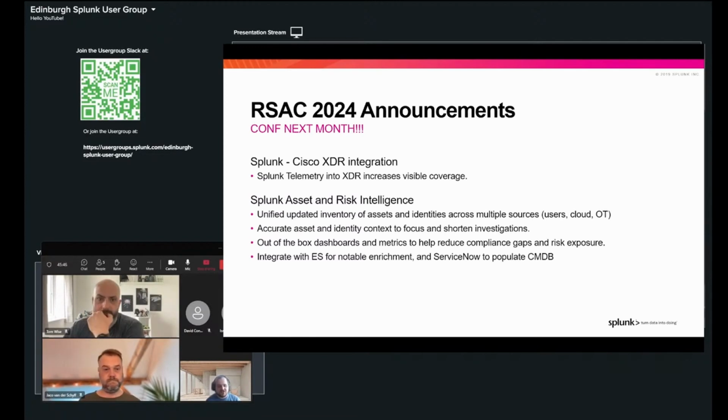So telemetry into XDR increases the coverage of your attack surface effectively. And Splunk's announced a new asset and risk intelligence solution. This should be able to unify your inventory of assets and identities that exist across your multiple source types.